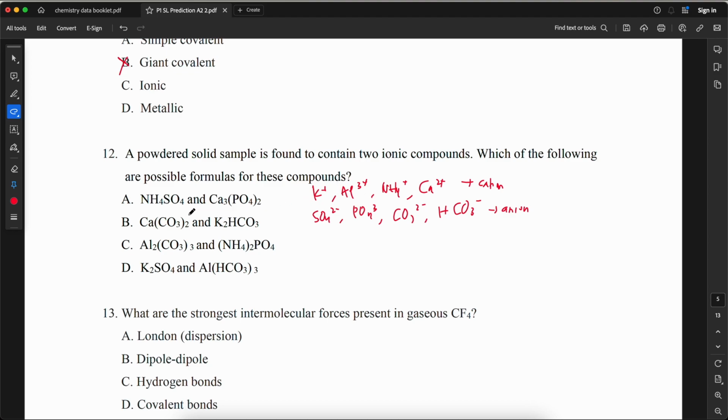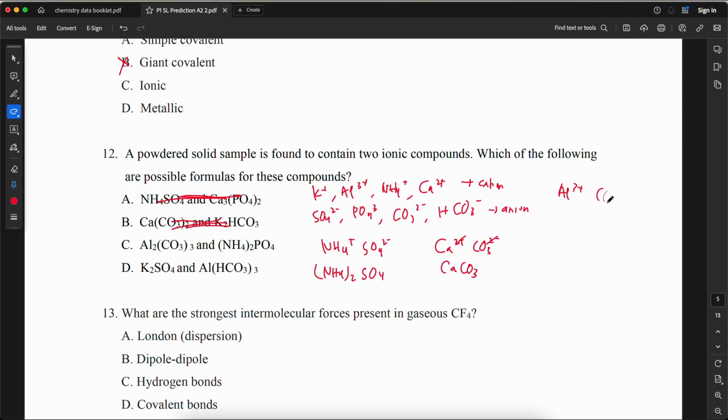So NH4 plus and SO4 2 minus should be (NH4)2SO4. Okay, so this is incorrect. Now let's check CaCO3. Ca2 plus and CO3 2 minus cancel out, so this should be CaCO3. Also no. Let's check this one.